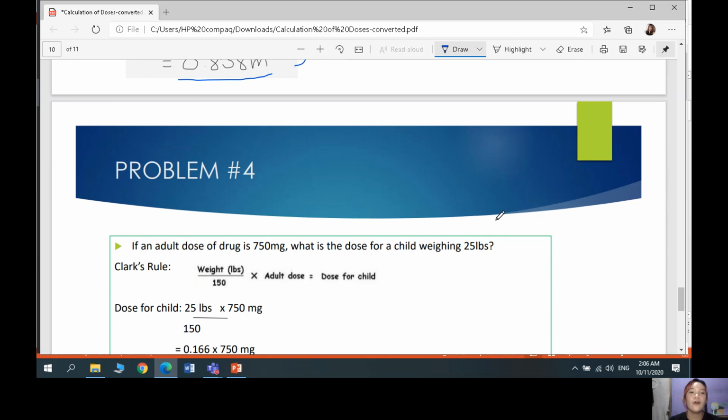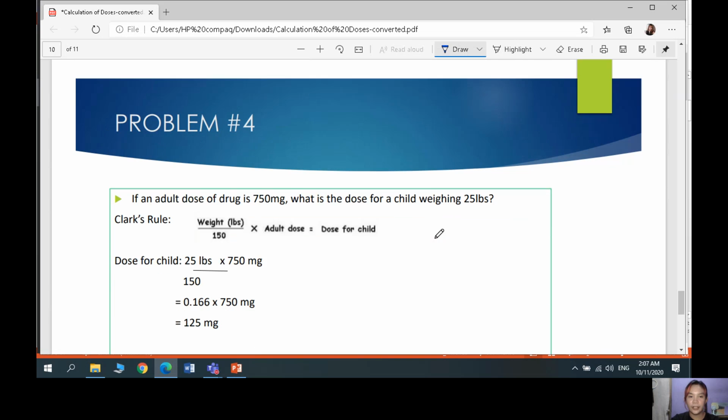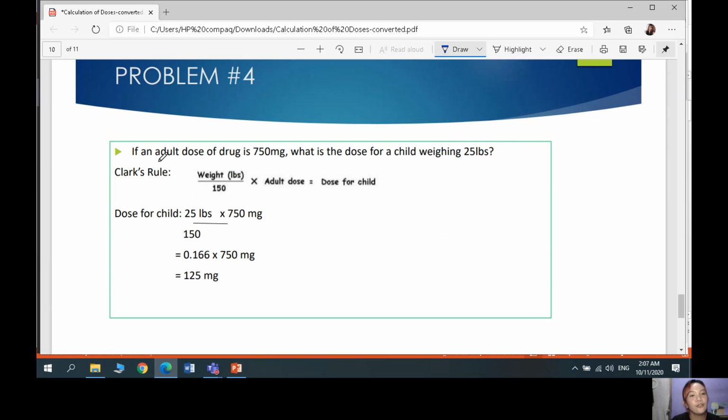Next, we are going to move on to problem number 4. If an adult dose of the drug is 750 milligrams, what is the dose for a child weighing 25 pounds? So since a child is involved, we are going to use the rule for calculation of child dose.